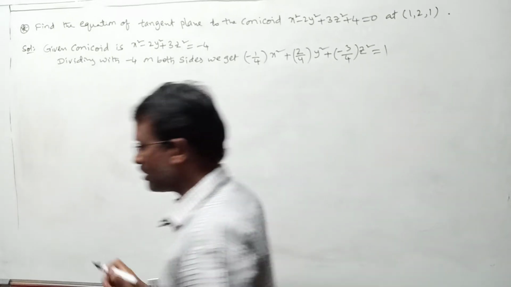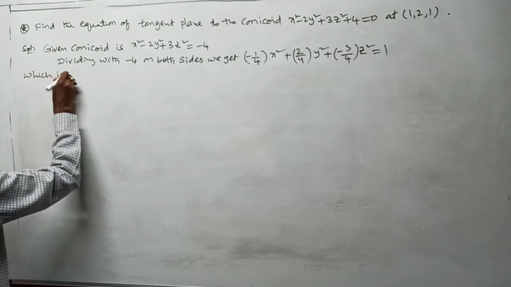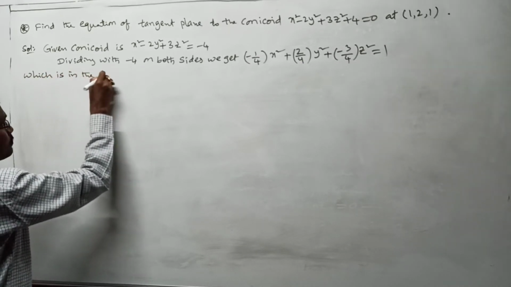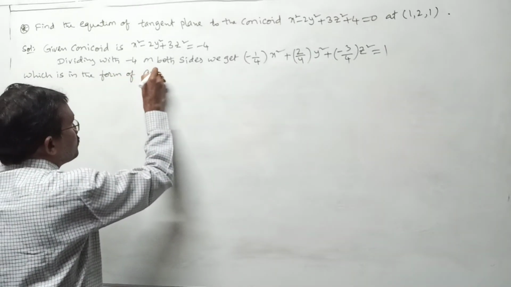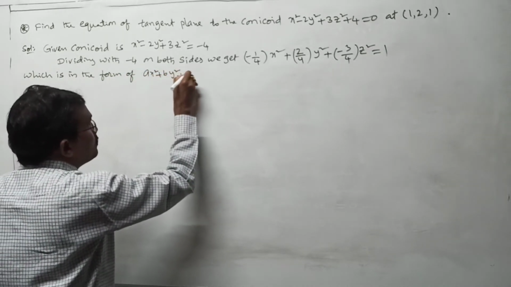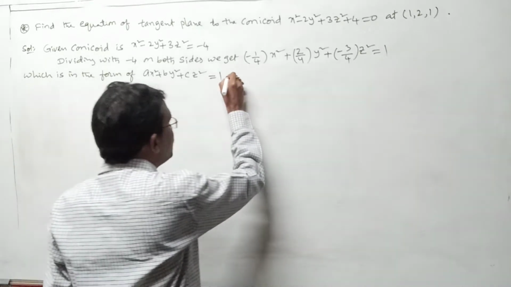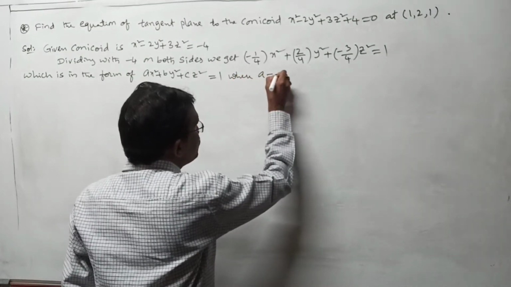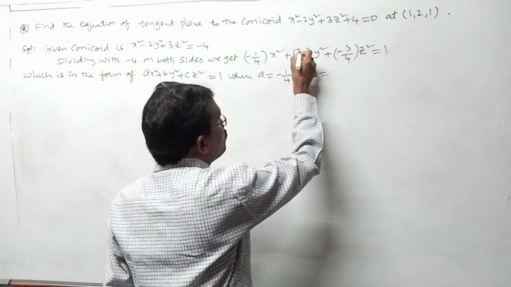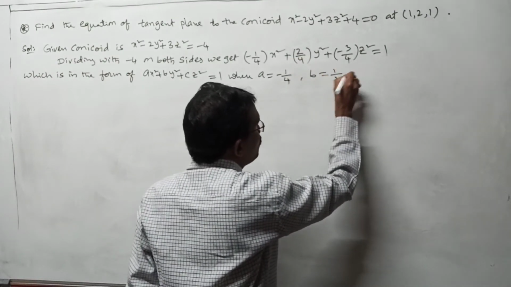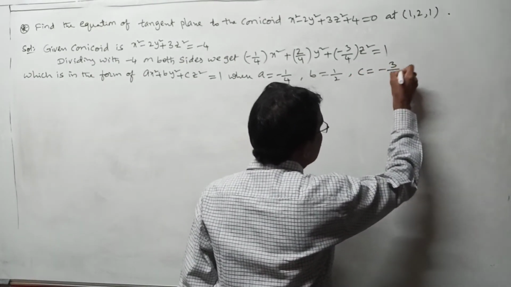Compare this one with your regular form, which is ax square plus by square plus cz square is equal to 1, where a is equal to minus 1 by 4, b is equal to 2 by 4, that is 1 by 2, and c is equal to minus 3 by 4.